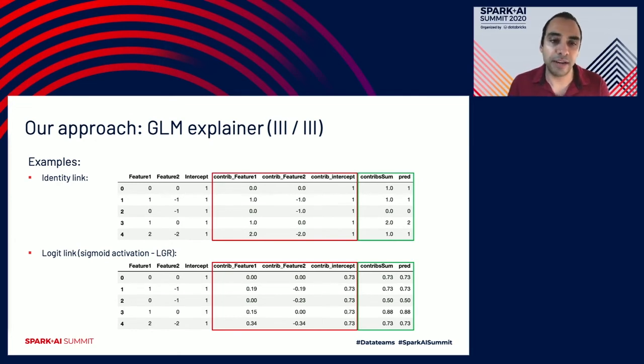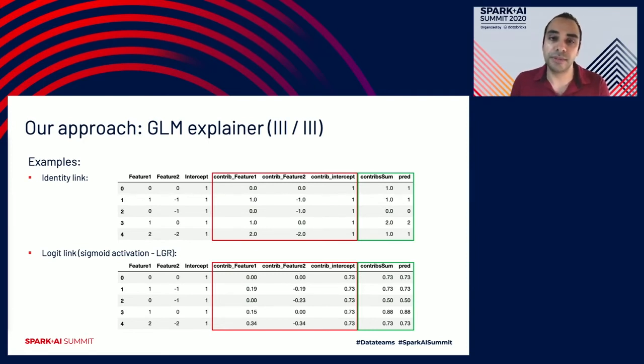So on the top left, you have feature one, feature two, and intercept columns. And for feature one and feature two, we have the linear contribution. So what is put there is a feature weight multiplied by a feature value. And as you can see, for the top table, what our algorithm spits out as feature contributions are simply the linear contributions.